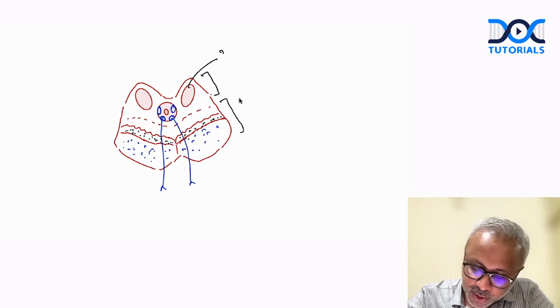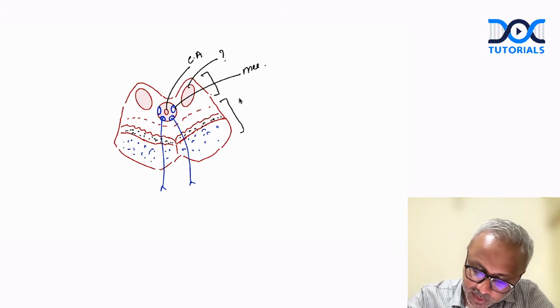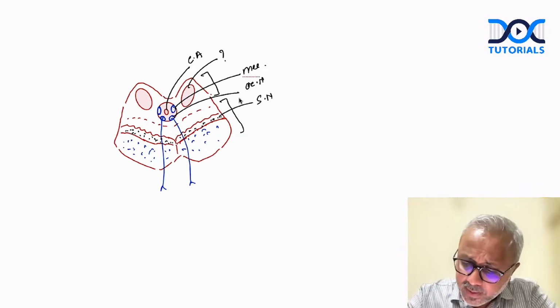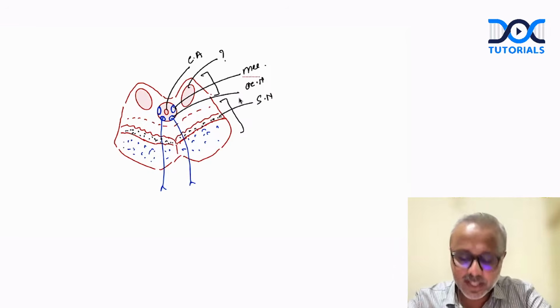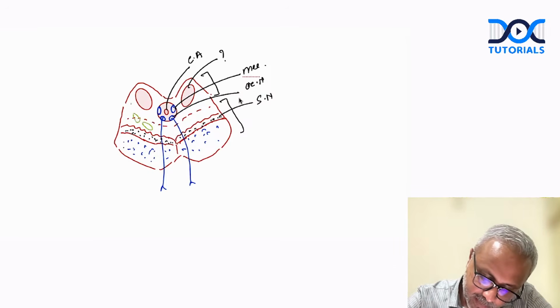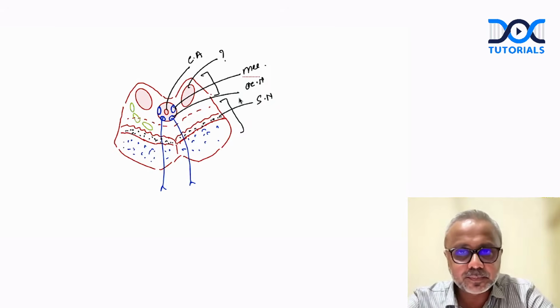Have you shown superior colliculus? Have you shown the cerebral aqueduct? Have you shown the mesencephalic nucleus, the oculomotor nucleus, the substantia nigra? And then we have important nerve tracts, for example, the medial lemniscus, trigeminal lemniscus, and spinal lemniscus.